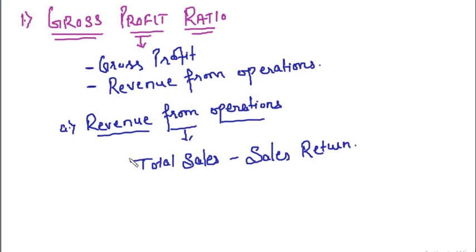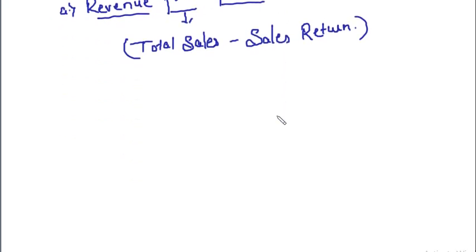Right? This revenue from operations is total sales minus sales return, whatever you have earned by selling your product. Subtract if there is any sales return. Clear?